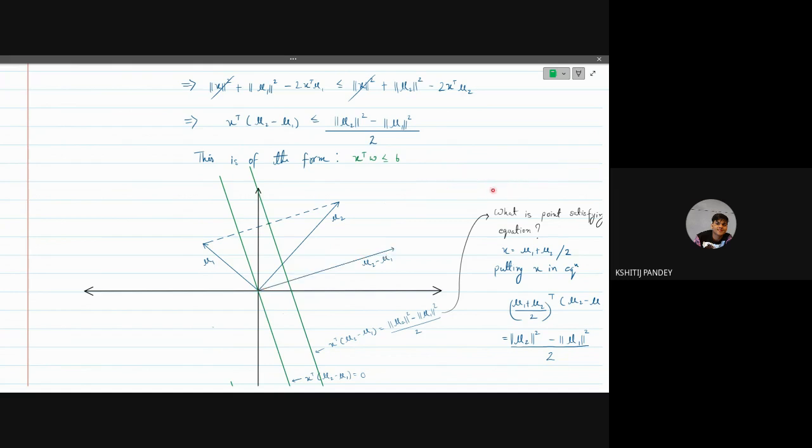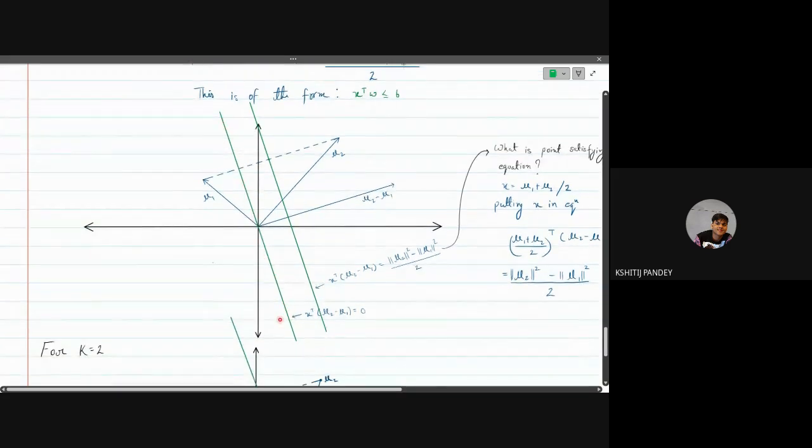When we take the dot product of two vectors and the dot product is 0, that means the vectors are perpendicular. So all the x such that the dot product of x with mu2 minus mu1 is 0 will lie on the line perpendicular to this, and that line is this green line. This is the equation x transpose (mu2 minus mu1) equal to 0.